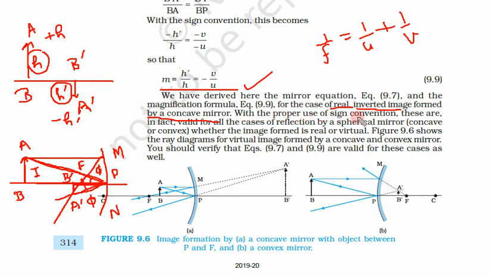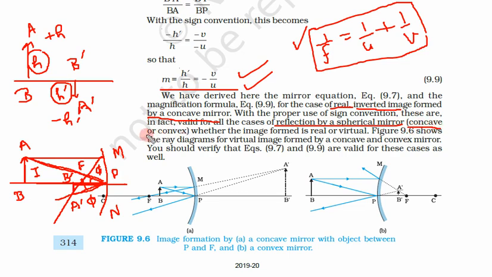With proper use of sign convention, these are in fact valid for all the cases. If we put the sign convention properly, this mirror equation and this magnification formula are valid for all the cases of reflection by spherical mirrors. So this is valid for both types of mirrors, concave or convex.